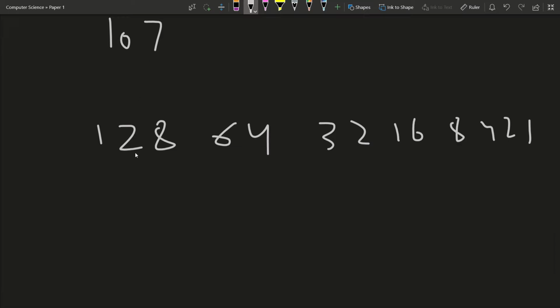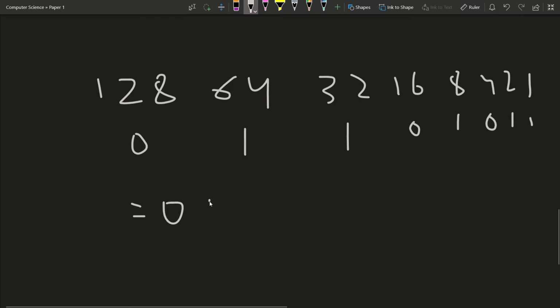Like 128 is greater than 107, so no. 64, yeah. 64 plus 32 is 96, so yeah, it could be. 16, no, because that would be greater than 107, so 0. 96 plus 8 is 104, so 1. Then 104 plus 4 would be 108, so 0. And then 1, 1, because 104 plus 2 is 106, and then you add 1 to get 107.